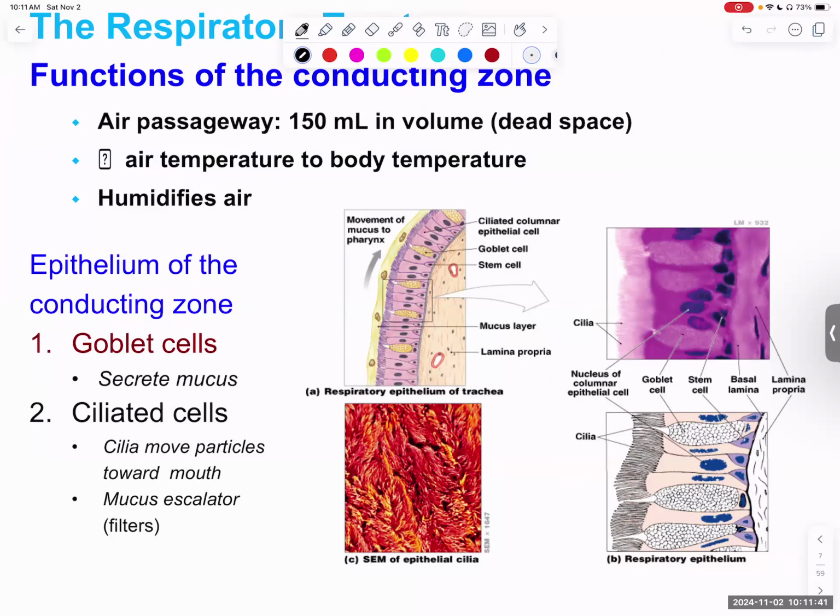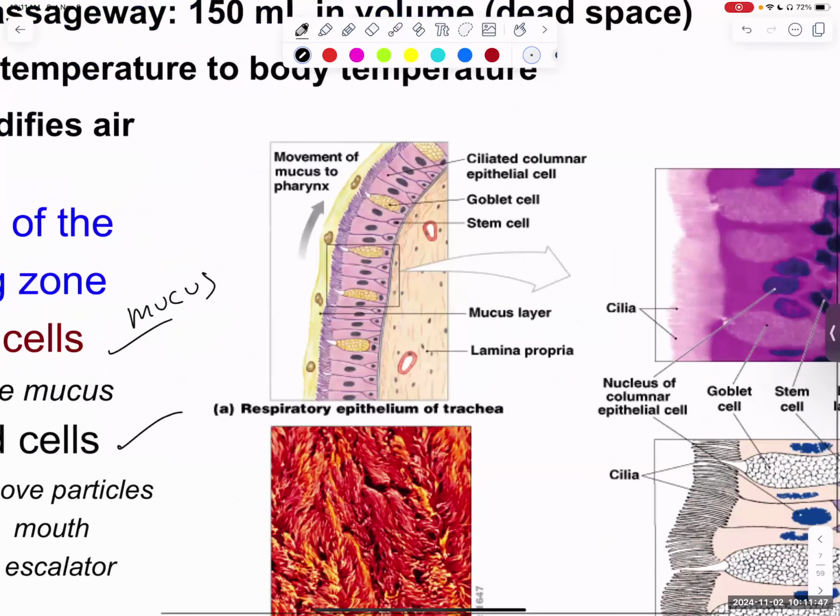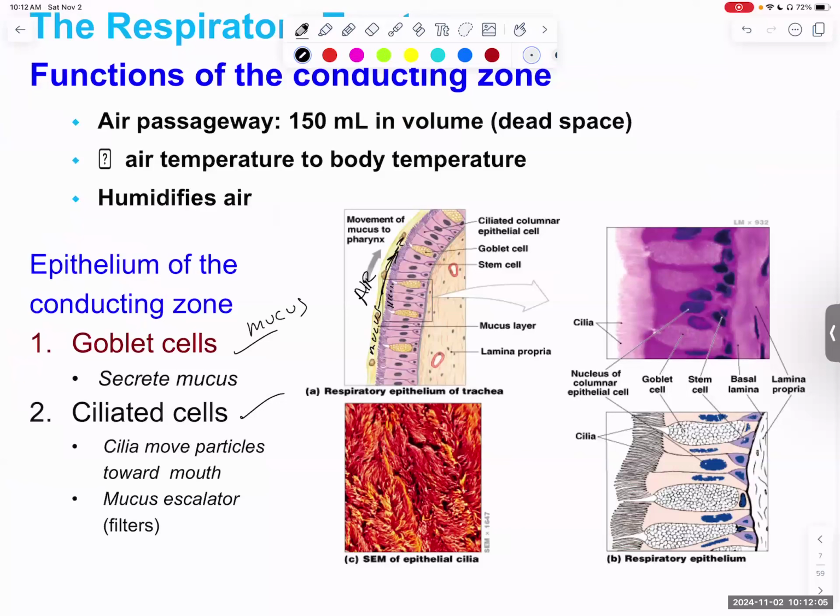Pseudostratified ciliated columnar is the ciliated cells, and goblet cells produce mucus. That's so we can trap pathogens in the mucus. And then the cilia, these little hairs on the pseudostratified ciliated columnar, are going to move the mucus up, just to keep those pathogens and debris away from the really delicate respiratory membrane of the alveoli and the pulmonary capillary.